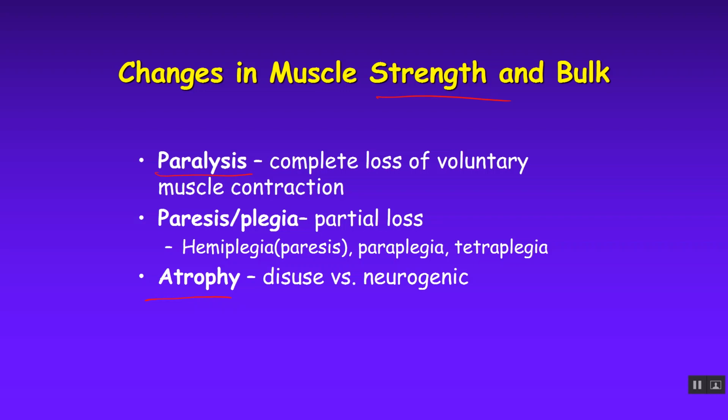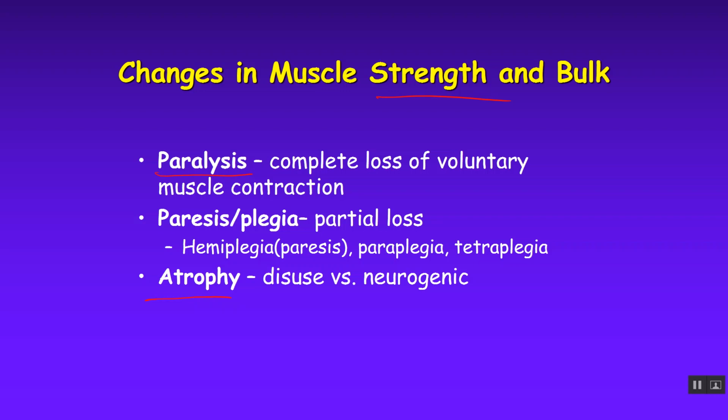I have patients who have atrophy due to stroke or multiple sclerosis. I can do strengthening with them, and I can improve their muscle bulk, mainly from the disuse atrophy.